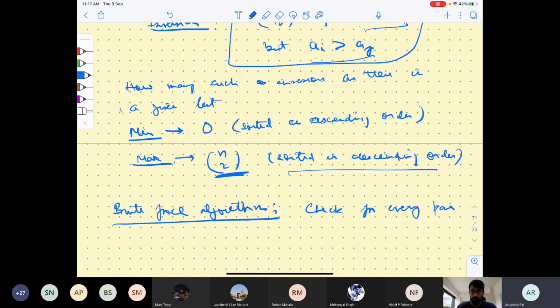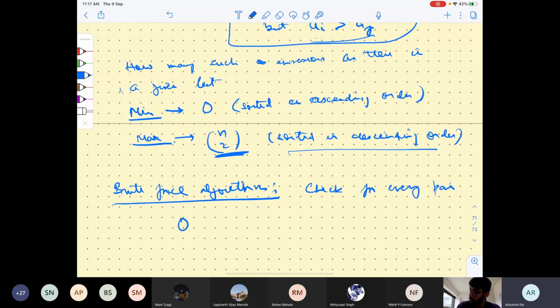Just have two loops running from 1 to n, and for each pair find out whether it is an inversion or not, and then increase the counter. So this is order n squared time, because there are n choose 2 pairs, and for each of them we can check in constant time. We just look at what is at the ith position and what is at the jth position, and that's it.